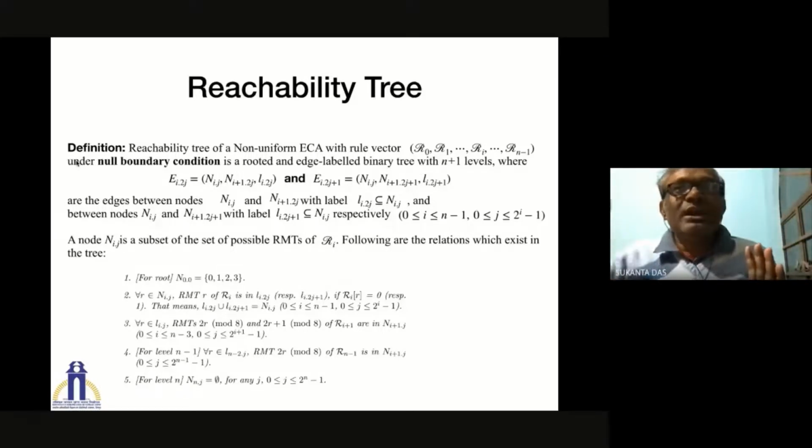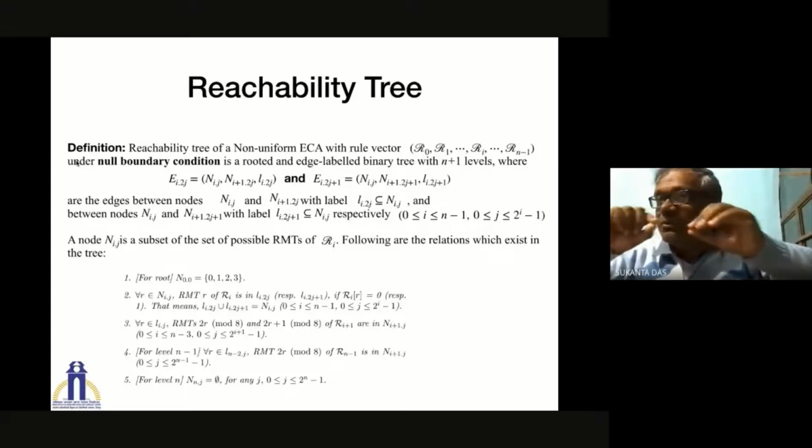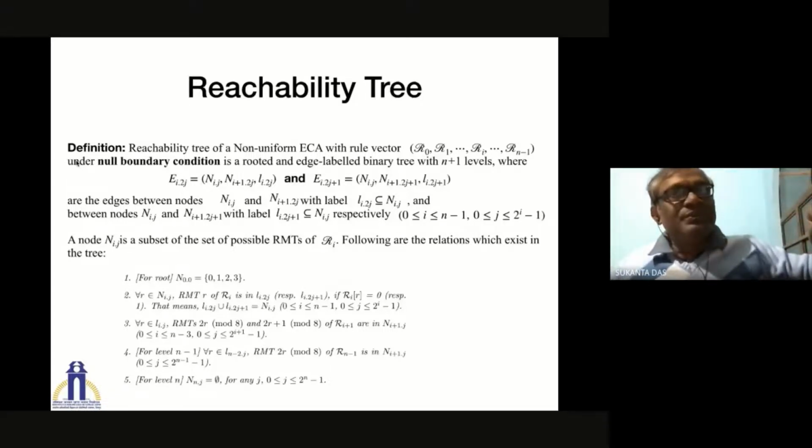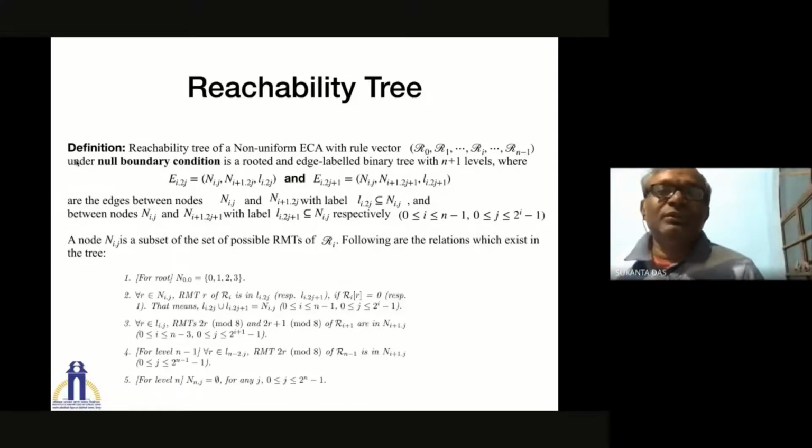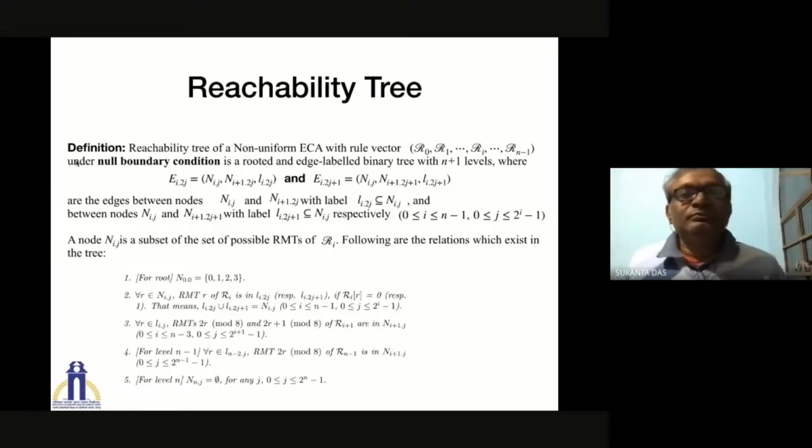Okay, so at level i, the possible number of nodes is 2 to the power i. In this, the level index starts from j equal to 0, and the last one is j equal to 2 to the power i minus 1, and so on.